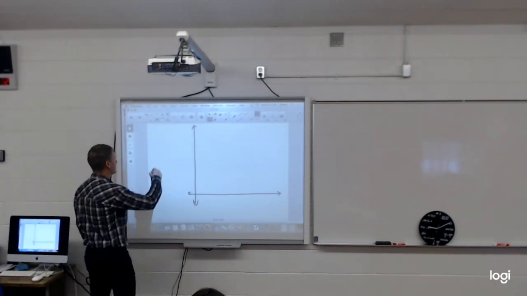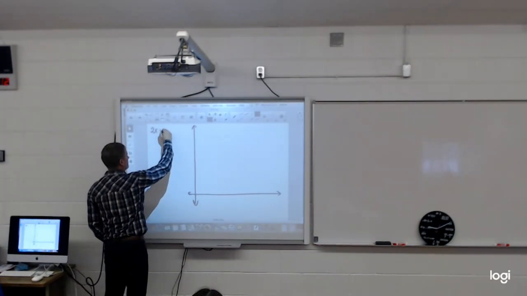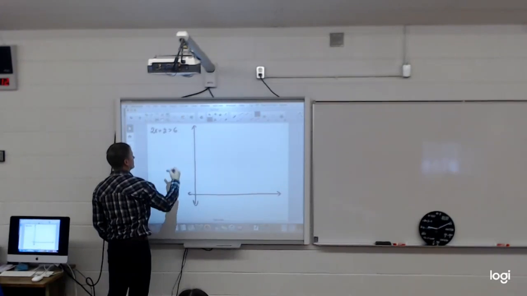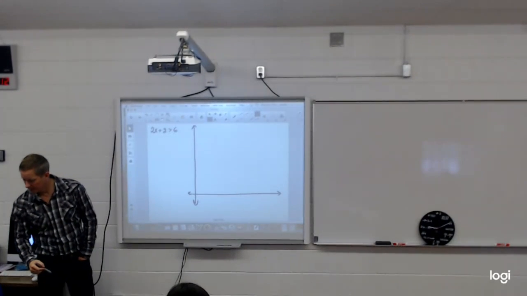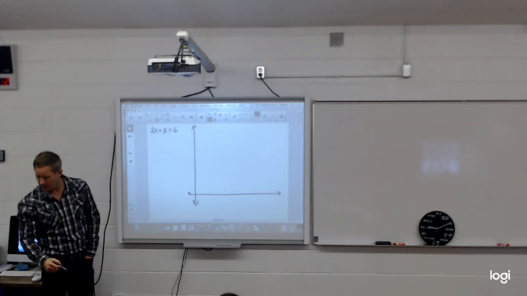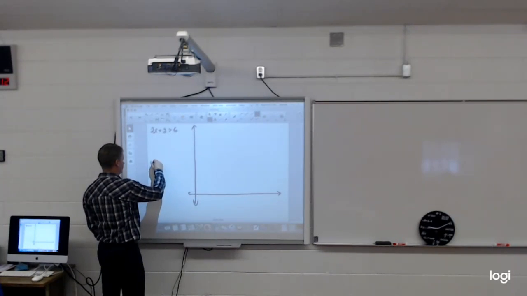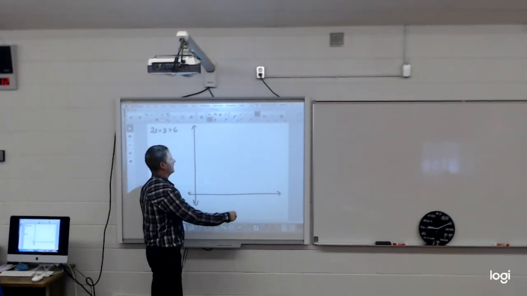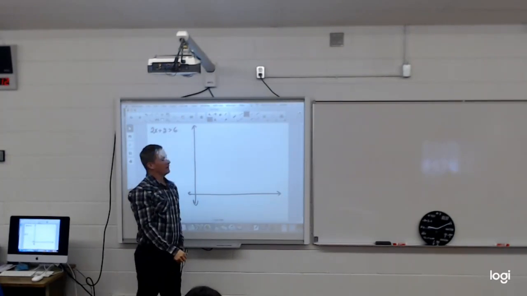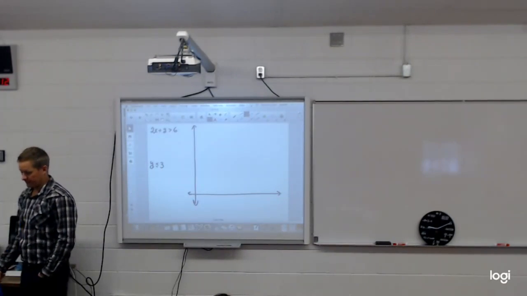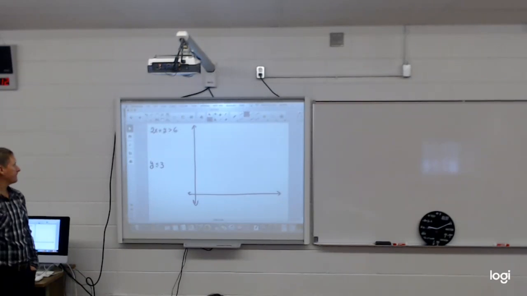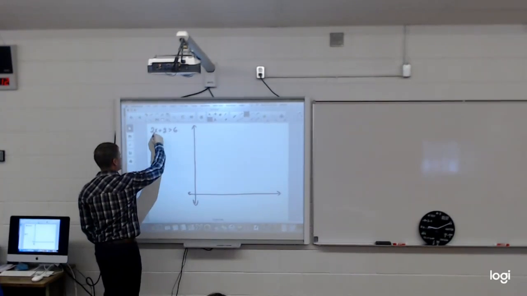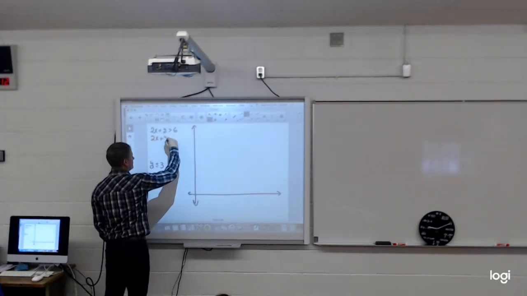2x plus y greater than 6. First one. And the second one is that y is less than or equal to 3. All right. Okay. 2x plus y is equal to 6.